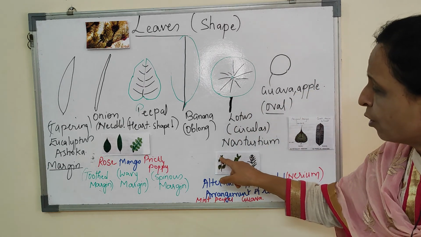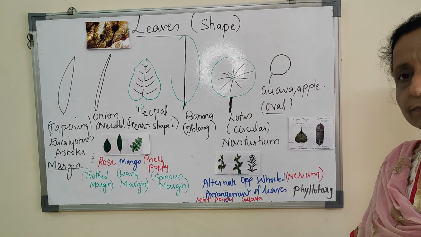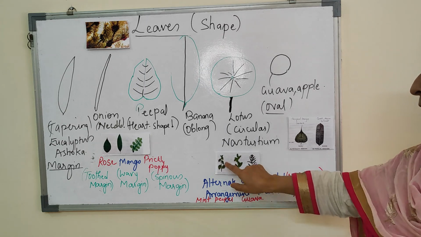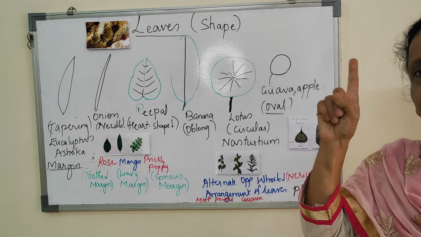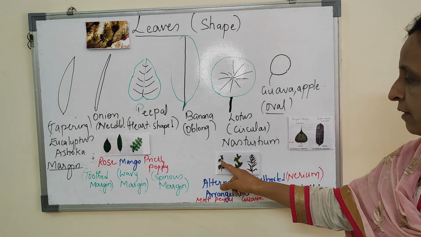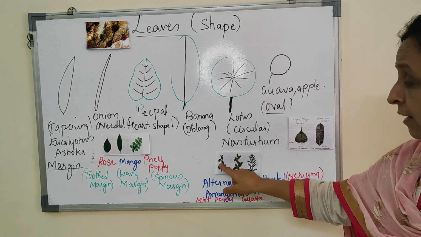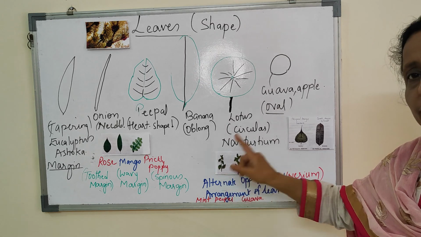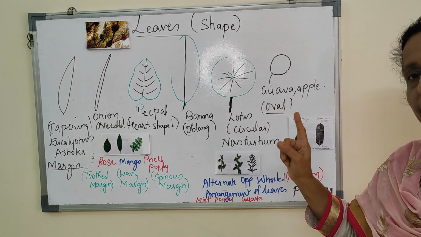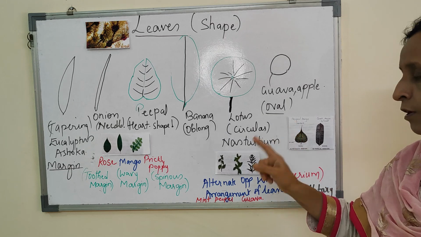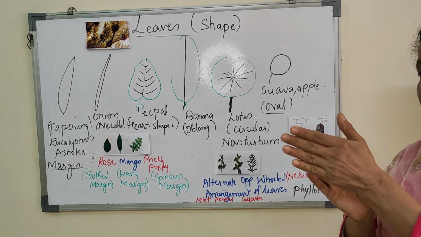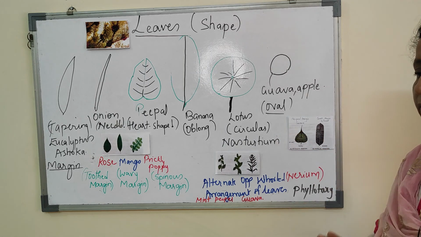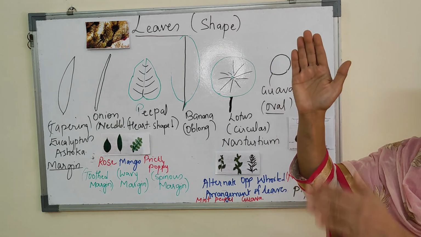There is a node from which the leaf is given. A node gives out one leaf, and then the other node gives another leaf. Again, a node will give only one leaf. That is known as the alternate arrangement, because alternately they will have leaf, leaf, leaf.